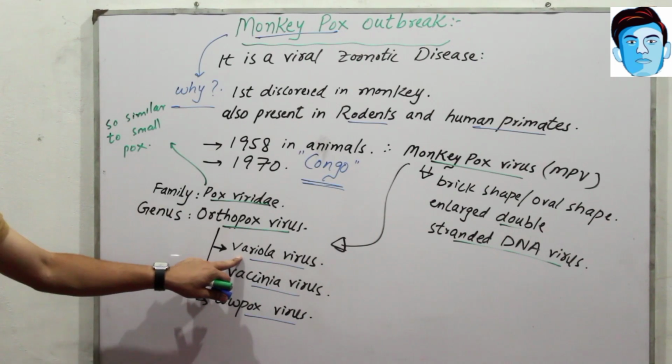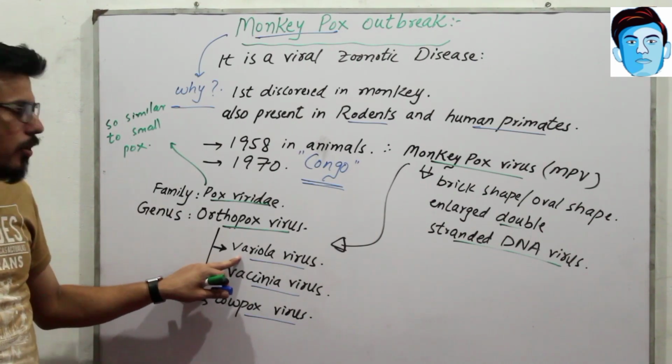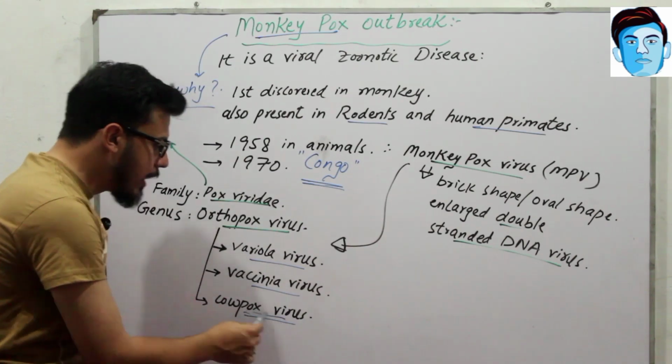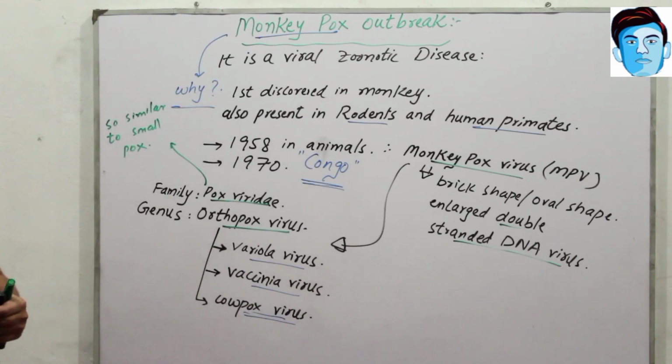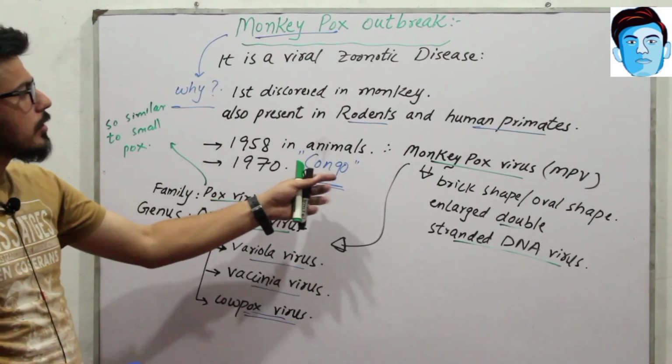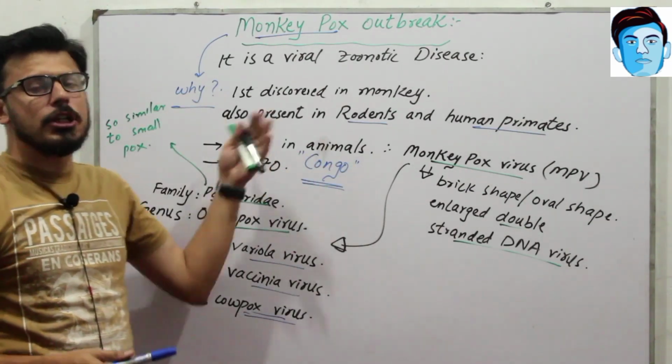The variola virus causes smallpox. The vaccinia virus is a vaccine for smallpox, and the cowpox virus is also a vaccine, and it also causes smallpox. So that's all about the general introduction of monkeypox.